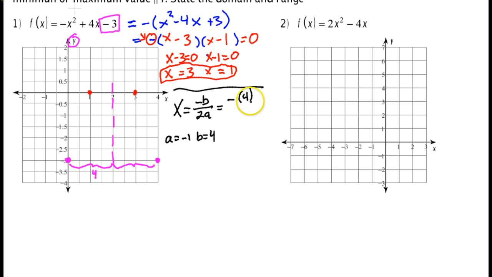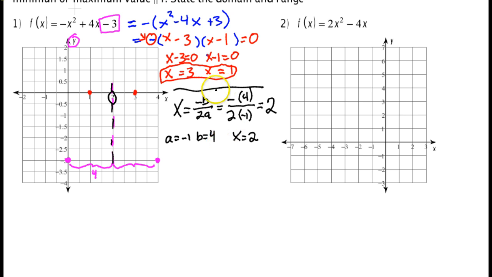So we have -4 over 2 times -1, which equals, do all the arithmetic correctly, and you get 2. And that's what we expected. See? So that calculation just verified what we already knew, that 2 is the middle of our graph.